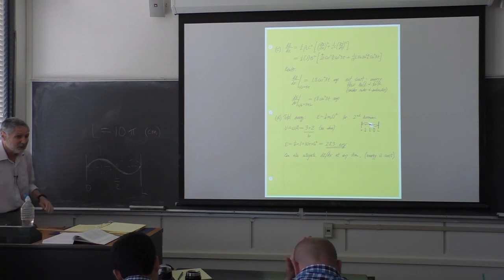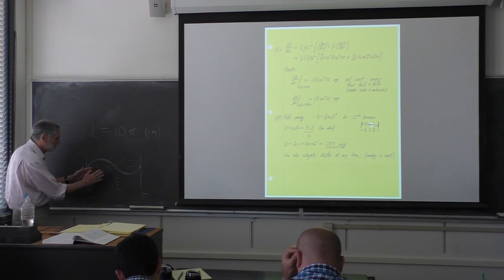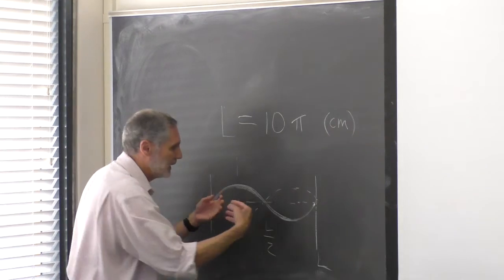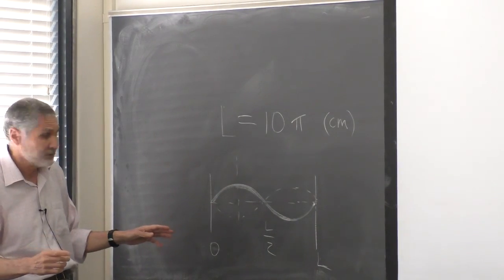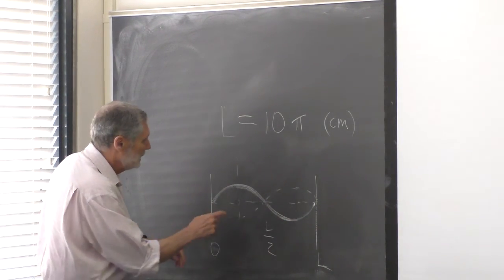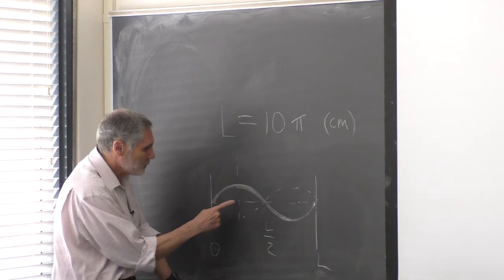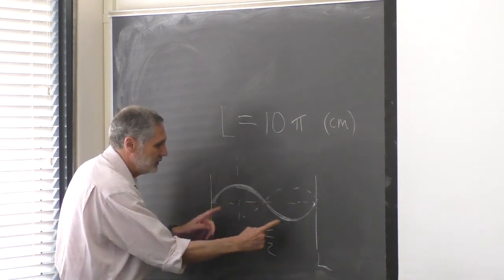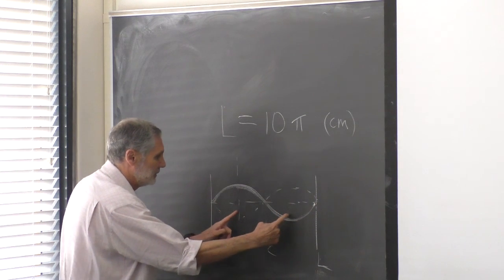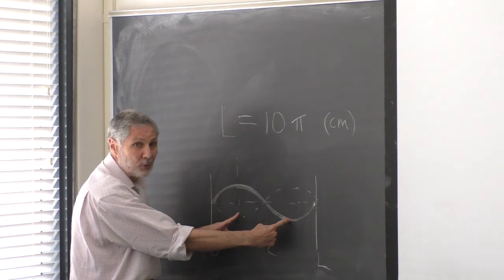So what's happening here, and I don't think it's obvious. First look at this. Energy is flowing back and forth here. The total energy has to be a constant. But right now at this point, there's a concentration of energy here. There's zero energy right here at this point.